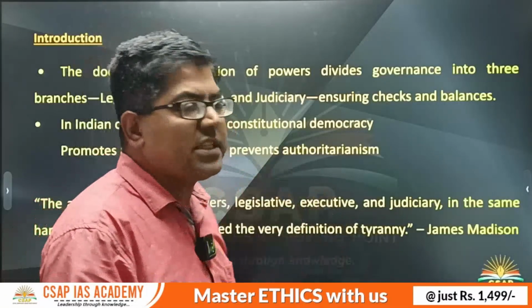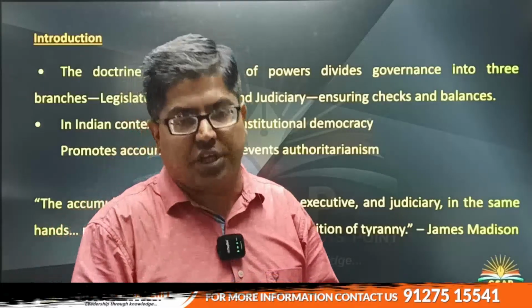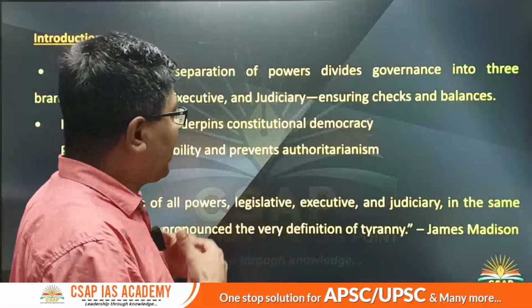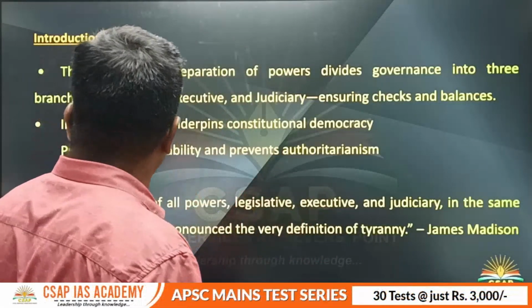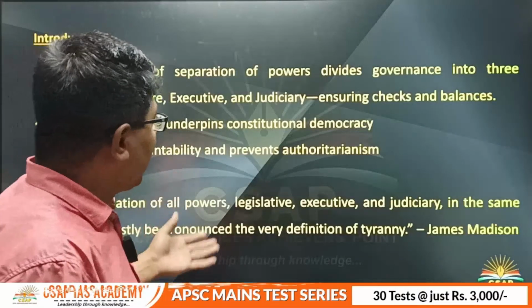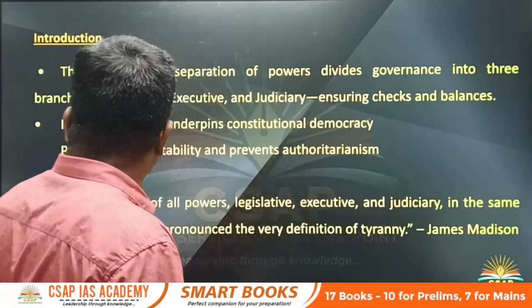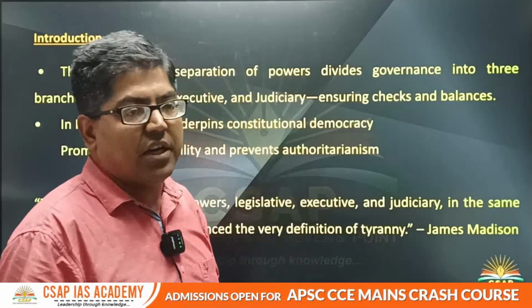Now, why is it important that any of the branches does not cross the given jurisdiction? We can understand that by referring to James Madison's quotation, where he says that the accumulation of all powers, legislative, executive, and judiciary, in the same hands may justly be pronounced the very definition of tyranny. So what is tyranny?